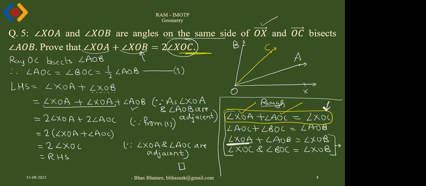Sir, am I audible? Yes. In the LHS, the second step, he wrote angle XOA plus angle AOB. So how did it change to 2 angle AOC? What is the reason? Can you read this reason from 1?